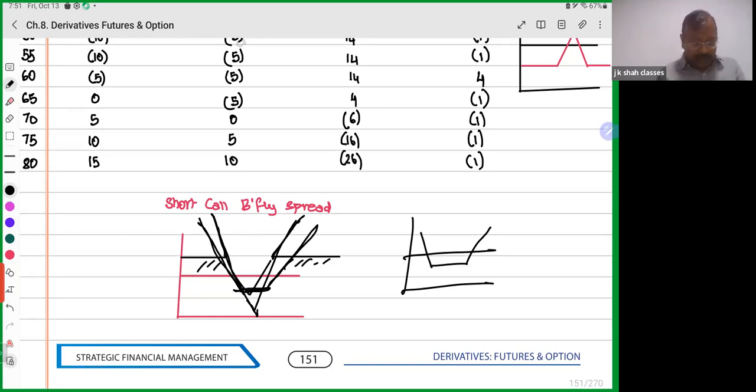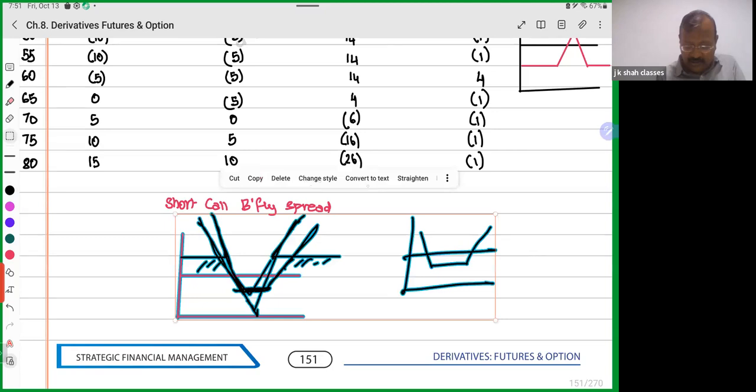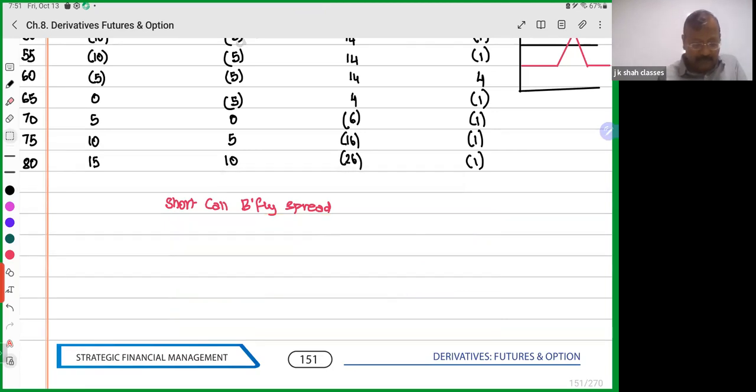Okay. Now wait. Let me just redraw this. Short call butterfly spread would be this.